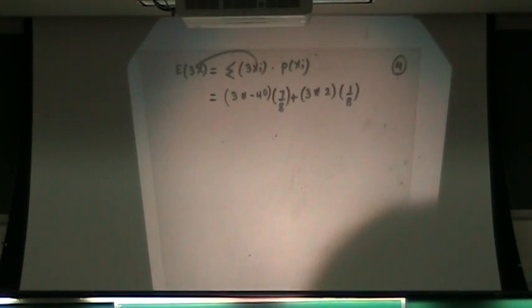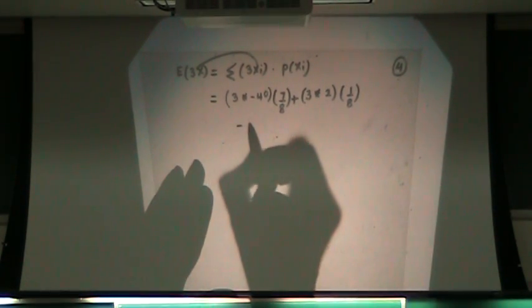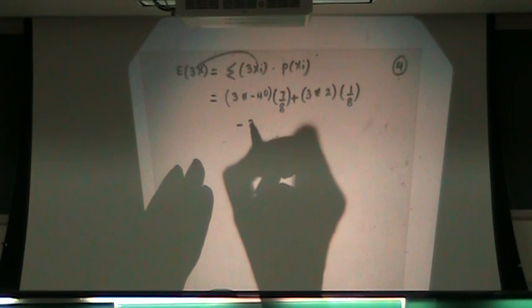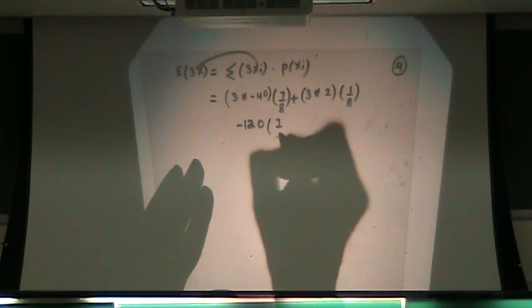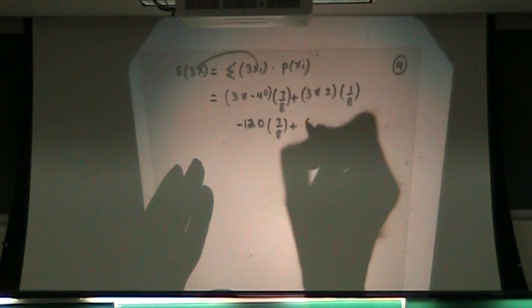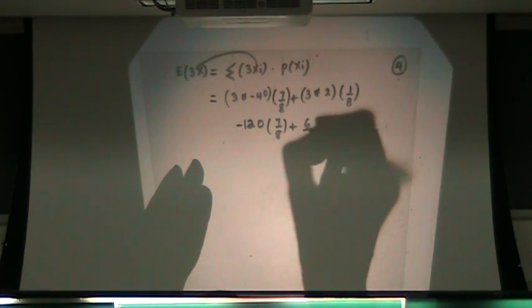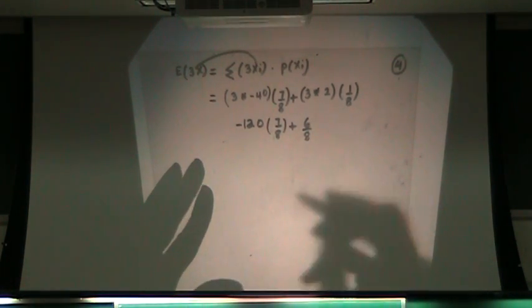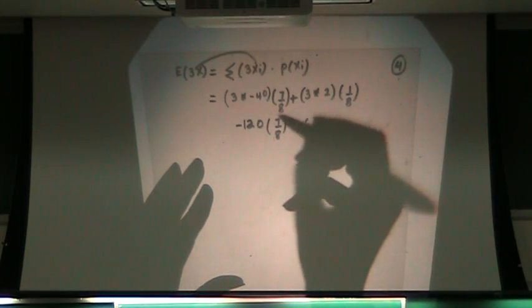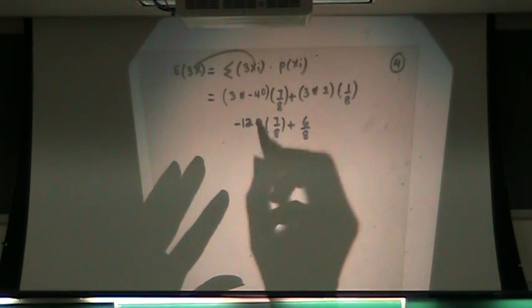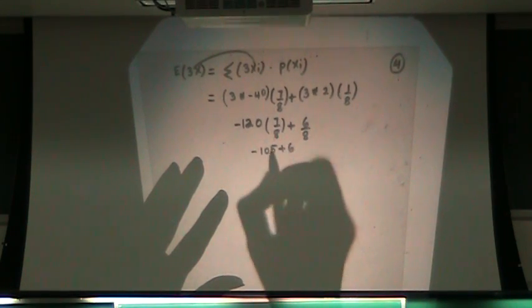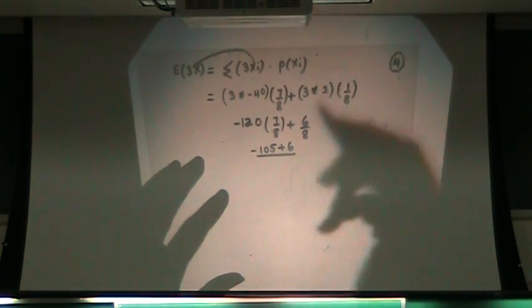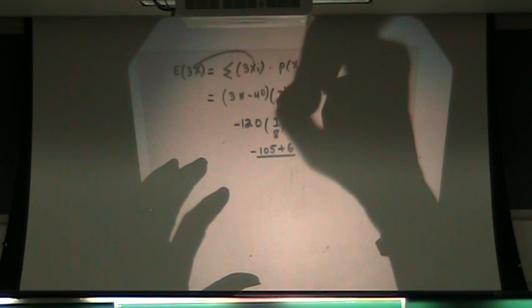You could do that, in which case you're going to get minus 37, no, sorry, minus 120 times 7/8 plus 6/8. Minus 105 plus 6/8. Is that right? Let's see. I don't think so.